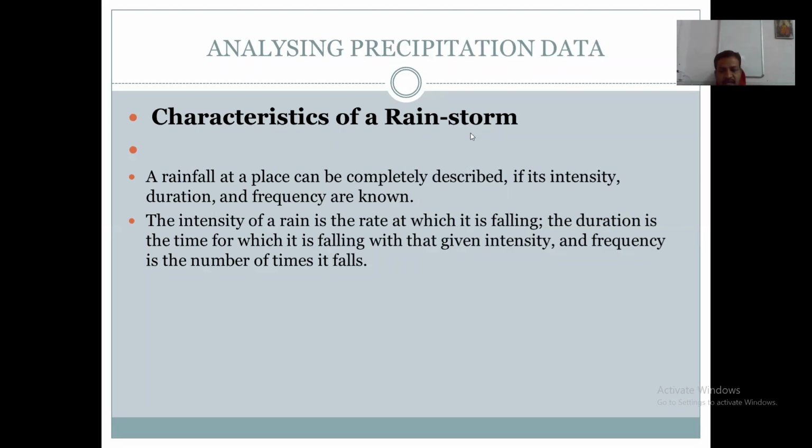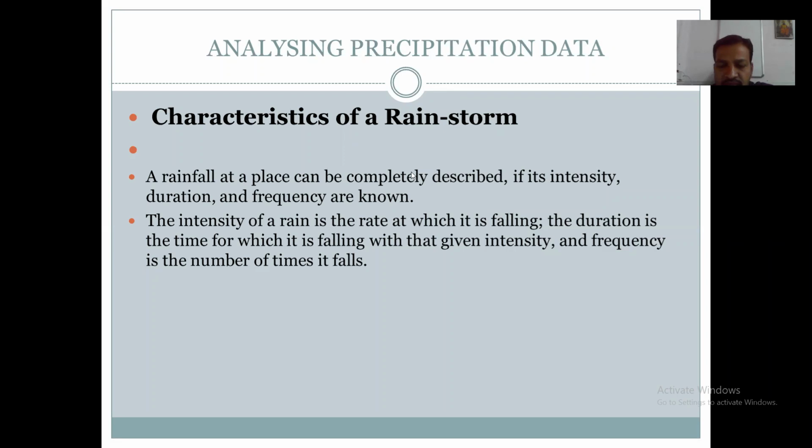Intensity of rainfall is measured by using rain gauges, non-recording type rain gauges and recording type rain gauges. Intensity of rain is the rate at which it is falling. How much the intensity of rainfall is at different locations can be known from the rainfall data at different rain gauge stations.